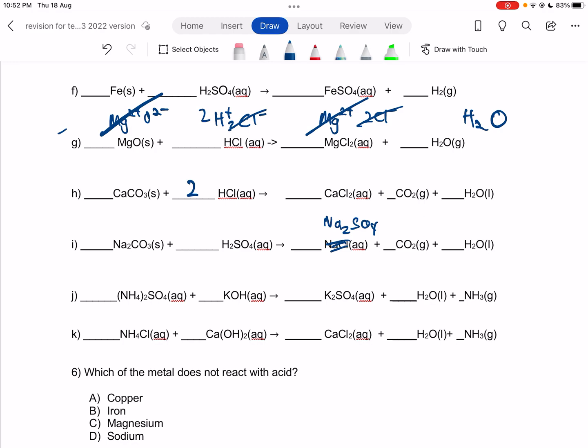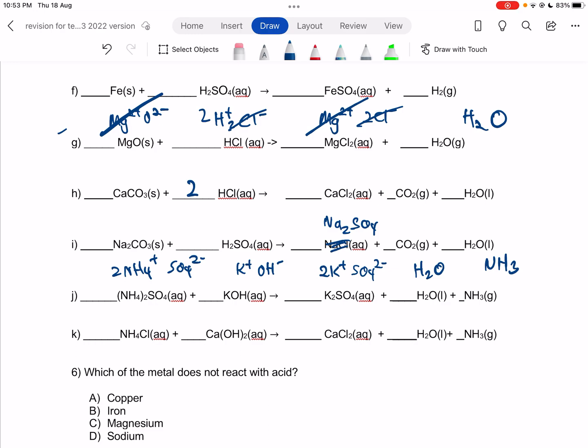Next one, ammonium salt with alkaline. So this is 2NH4+, sulfate SO4 2-. This is K+ OH-. This is 2K+ SO4 2-, H2O and NH3.